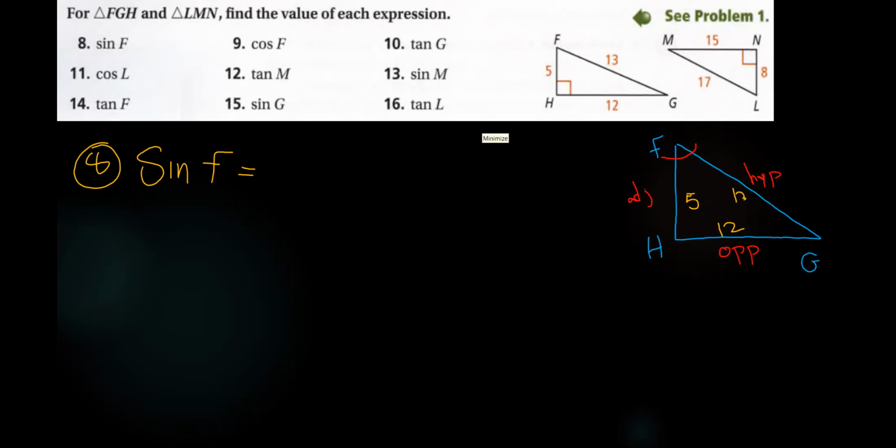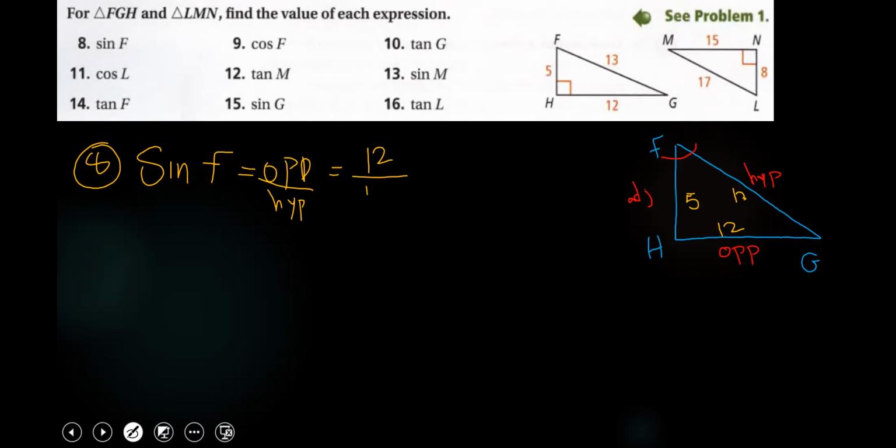Sine F is opposite over hypotenuse. Bravo. Where's the opposite? 12. So 12 over 13. Thank you, Basma.